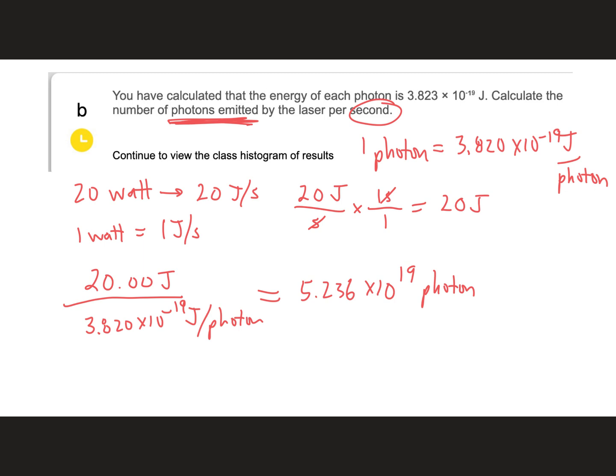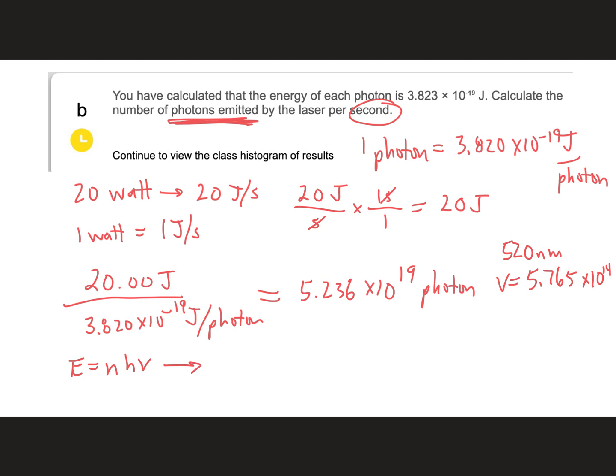Another way that would work is using the equation energy equals N times Planck's constant times our frequency. We know it's 520 nanometer light, so we'd convert that to meters and find the frequency from the wavelength. The frequency is going to be something like 5.765 times 10 to the 14th.